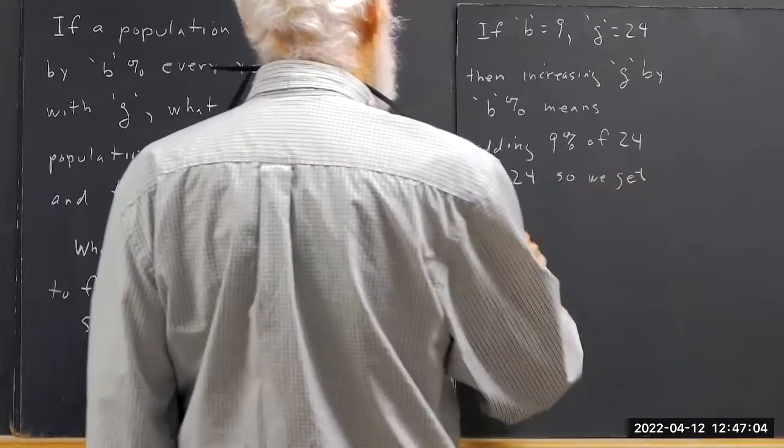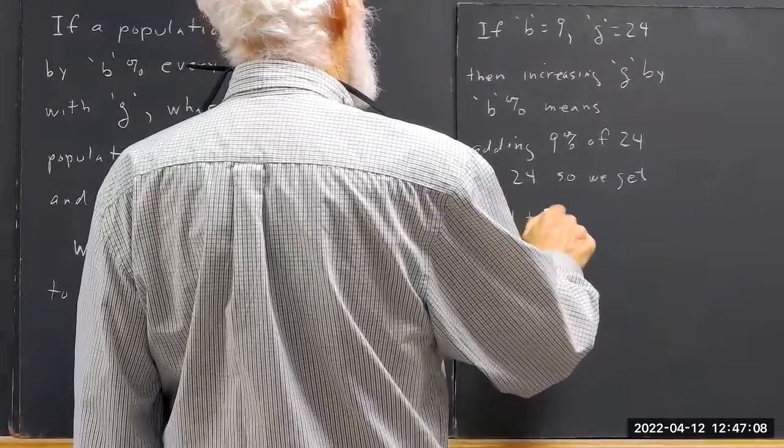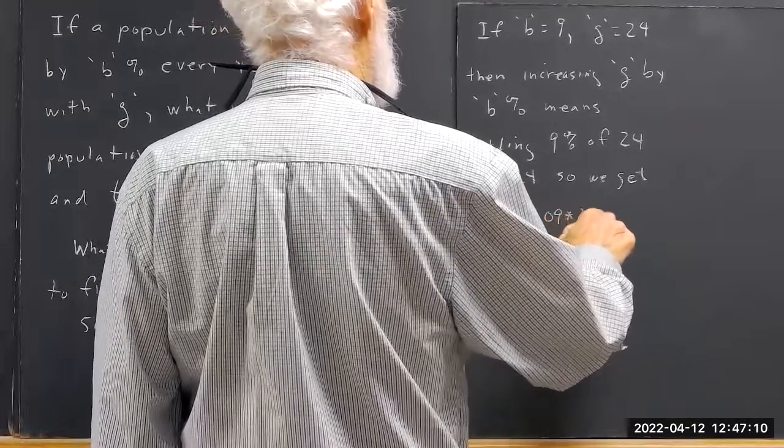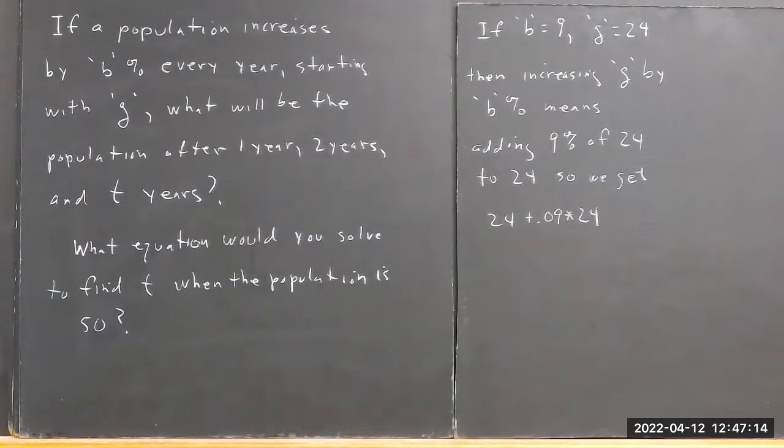So we get 24 plus 0.09 times 24. And again, I think everybody's good.